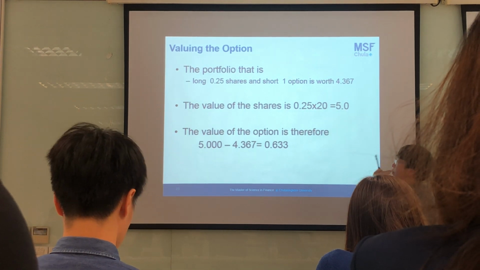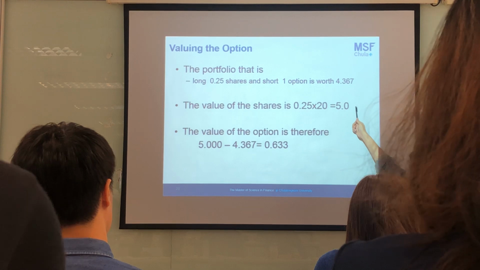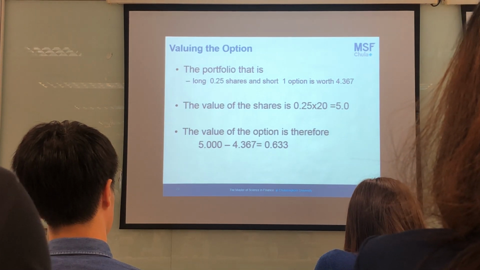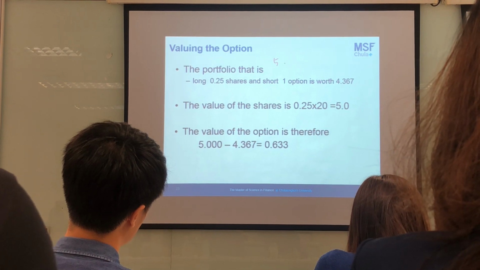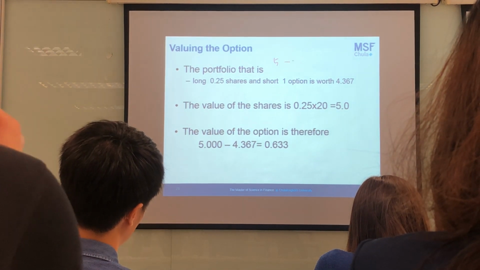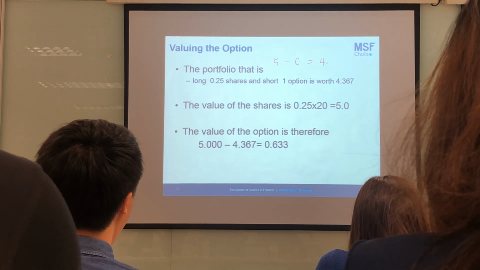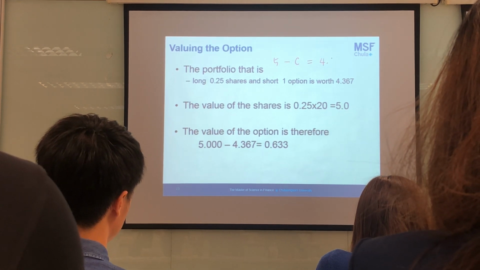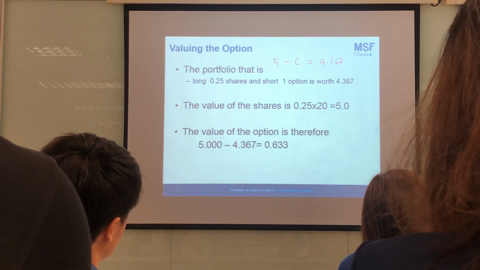However, we short 1 call. So 5 minus the call must be equal to the current value of the portfolio, 4.367.